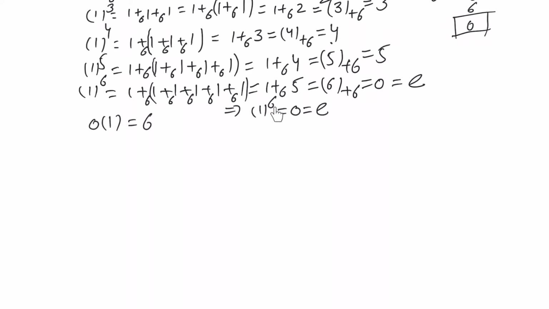So 6 is the least positive integer for which the power gives the identity. Therefore the order of 1 is 6.